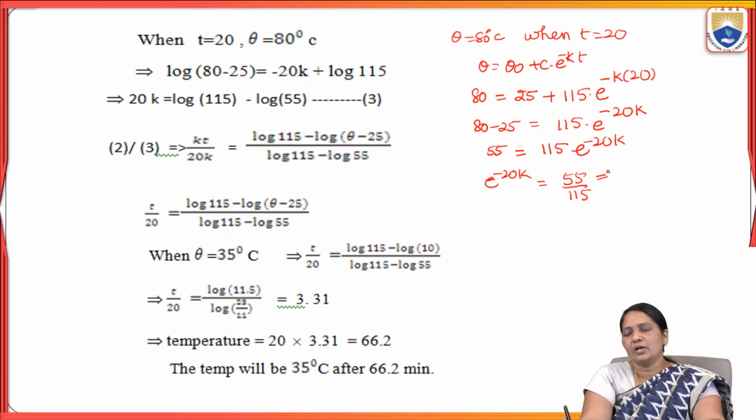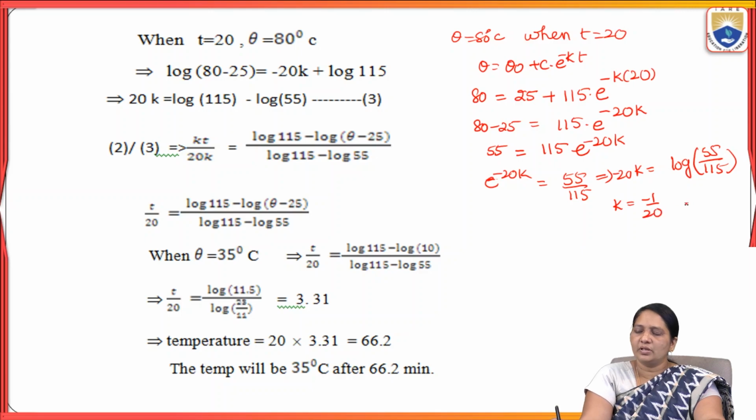Now I want the k value. When I am sending the exponential to the right hand side, I get the log. So minus 20k equals log of 55 by 115. Finally k equals minus 1 by 20 log 55 by 115. This is the value of k.